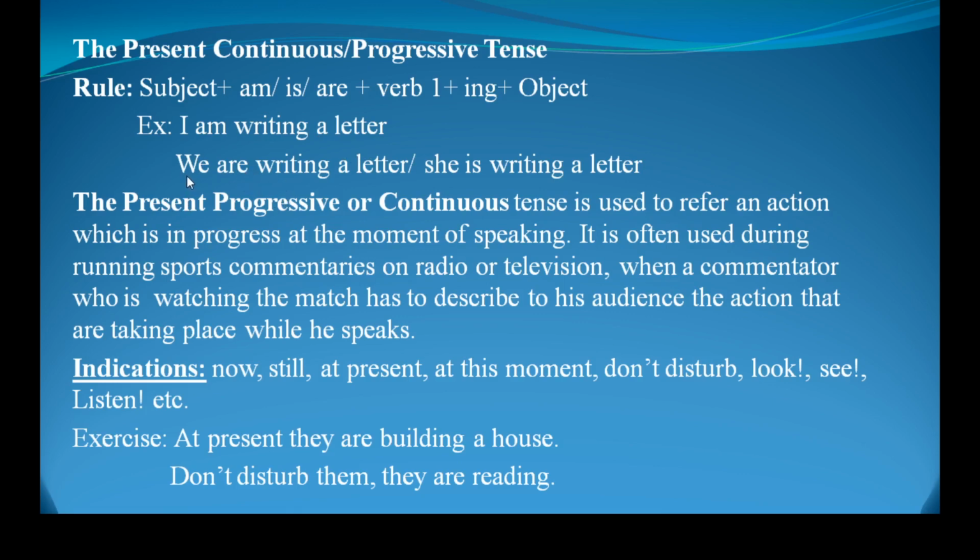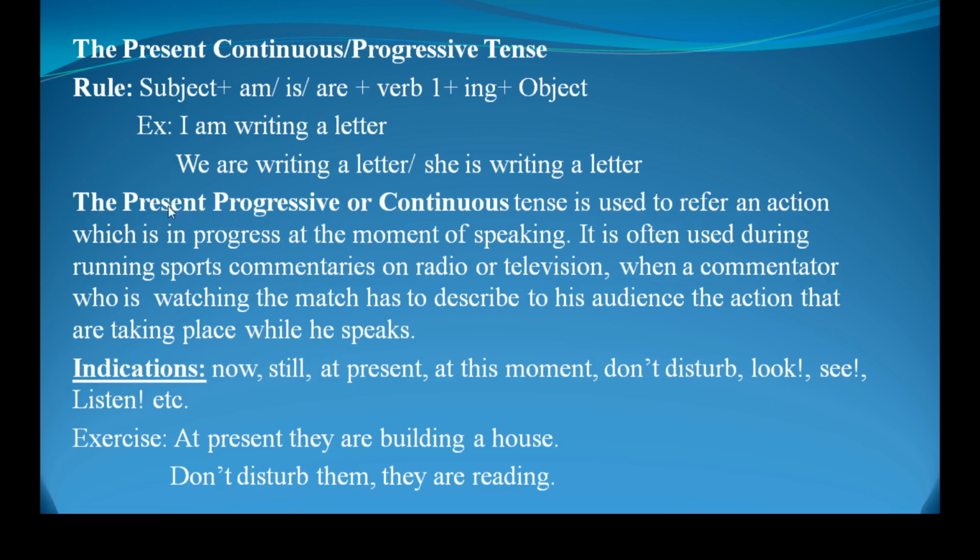Based on the subject, we need to add the helping verb. And here, main verb plus ing form plus an article plus object. In a similar way, subject plus helping verb plus main verb with ing form and article plus object.